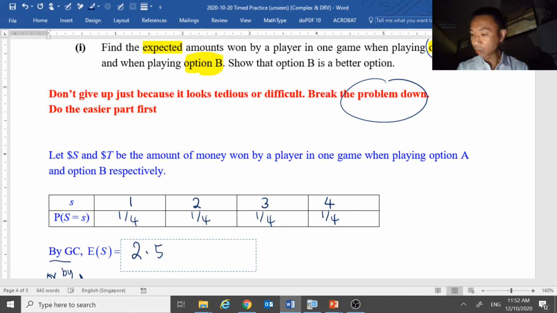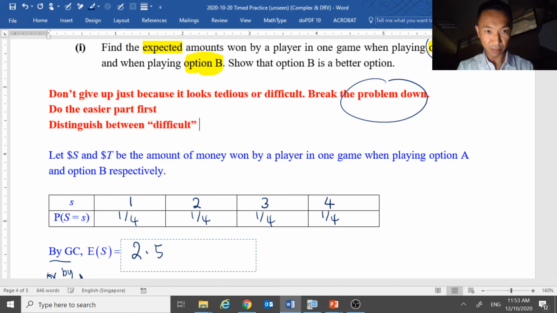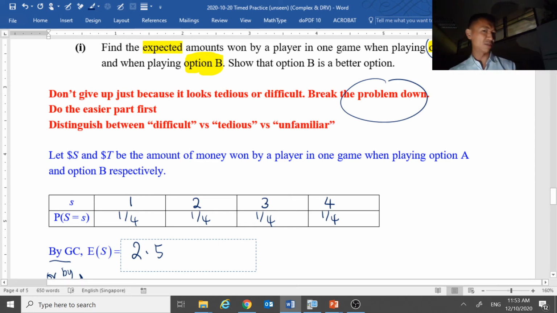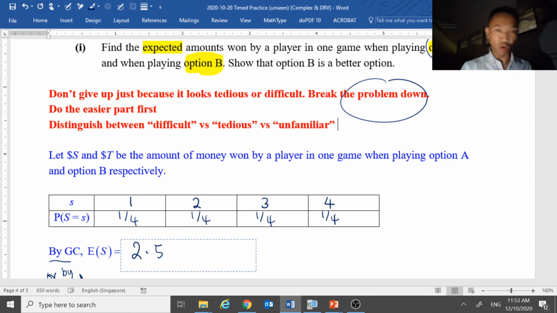Then lastly, I want to say, we got to distinguish between difficult versus tedious versus unfamiliar. Right? Don't be put off just because it looks unfamiliar, where it may not be difficult. And tedious things are also not difficult.